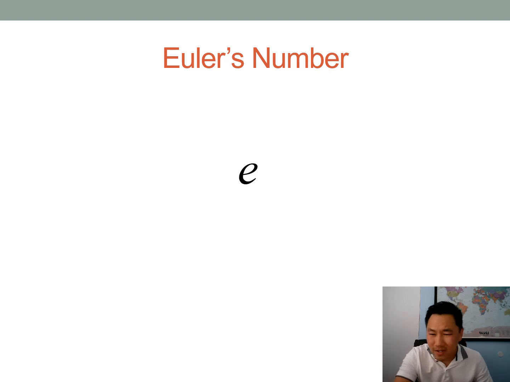If you find it on your calculator and push it, it's approximately 2.71828, and then this also goes on forever. It's a special number that will help us solve equations with x's in the exponent. You don't have to memorize Euler's number, you just have to know where it is on your calculator.